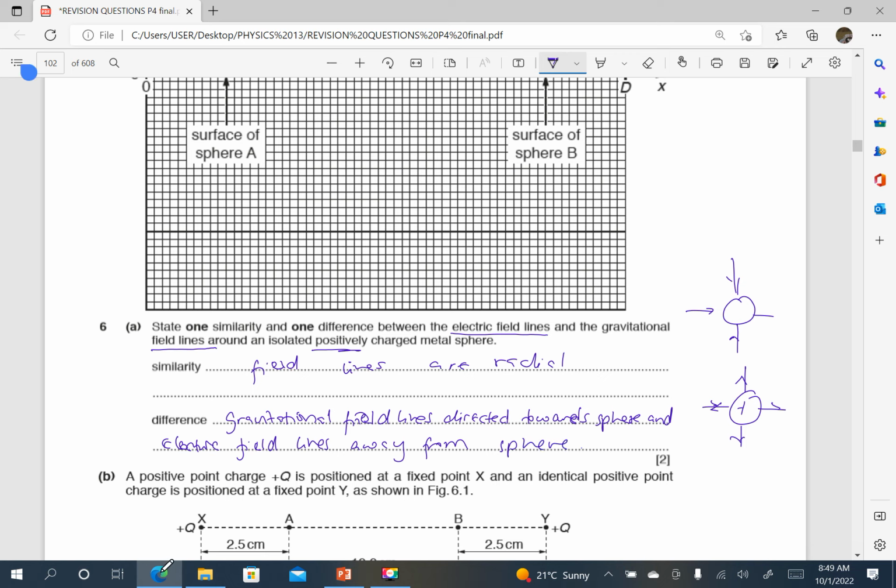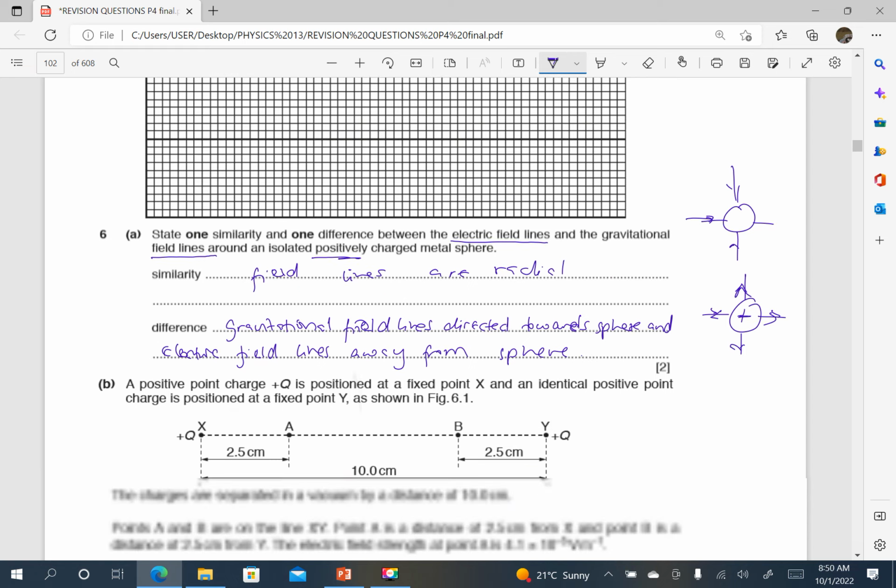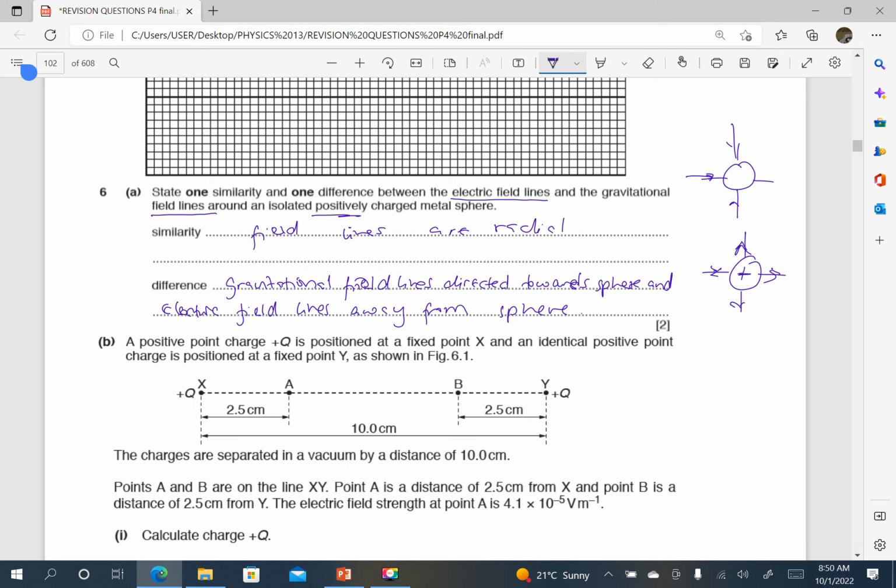So if I consider a positive charge, specifically it was a positive charge, the gravitational field lines are directed towards the sphere because the force is always attractive due to the mass. But if we consider the charge, field lines originate from positive, so the electric field lines are away from the sphere.